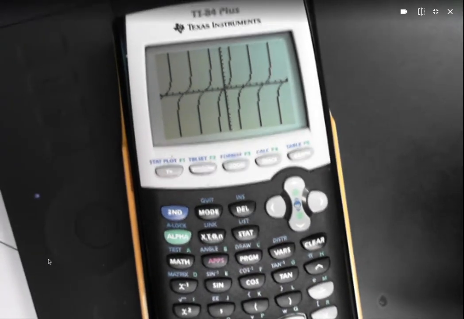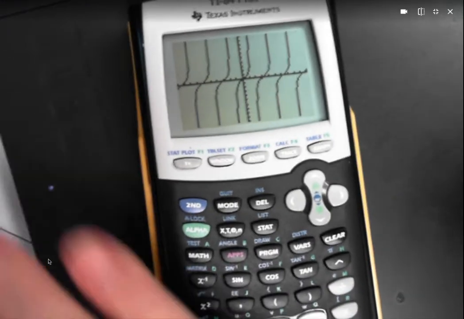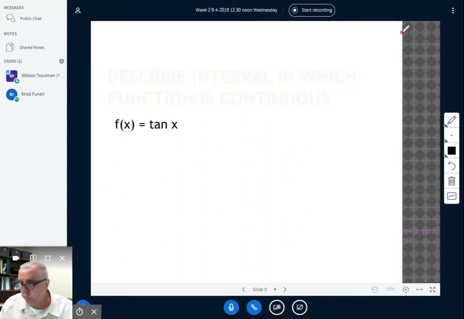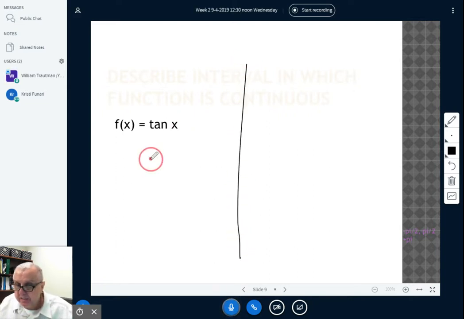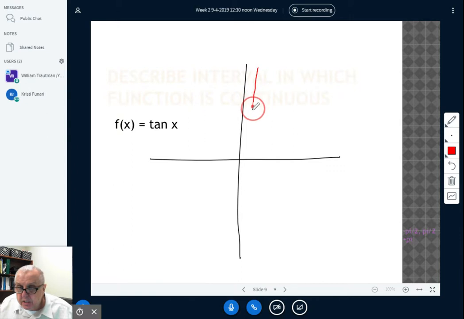So I'm going to try to draw that on my paper here. Good luck to me. So a tangent function looks like this. Like I said, it's hard to draw this. I'm going to draw it with a different color. It goes like this. I'm going to try to draw it.